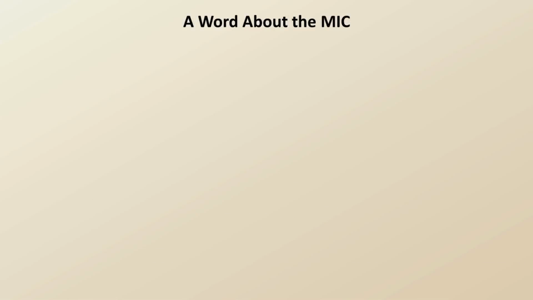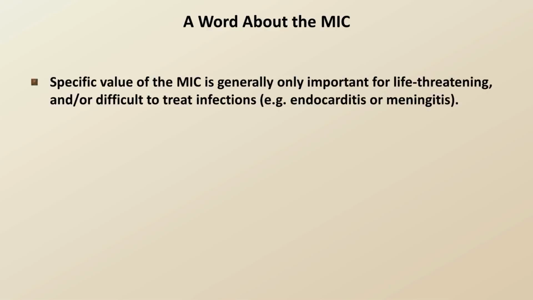The MIC can be a confusing topic when discussing antibiotics. The specific value of the MIC is generally only important for life-threatening and/or difficult to treat infections, such as endocarditis or meningitis. While as a general rule, the lower the MIC is, the more susceptible the bacteria is to a particular antibiotic, there is no one cutoff that is universally applicable.